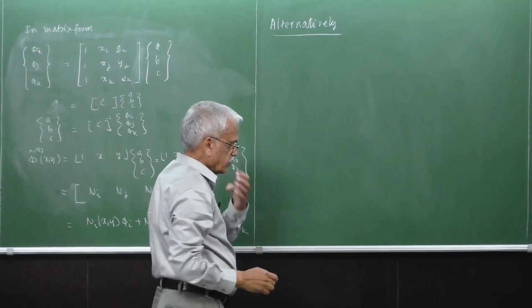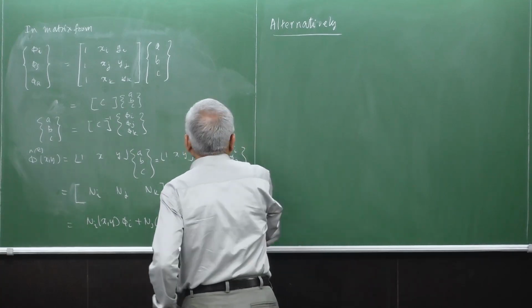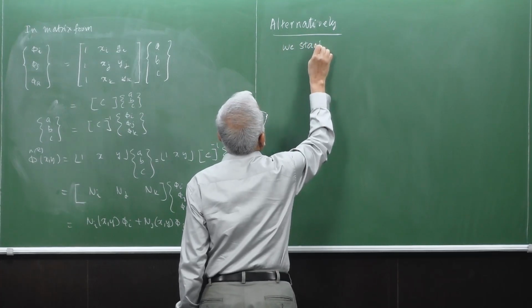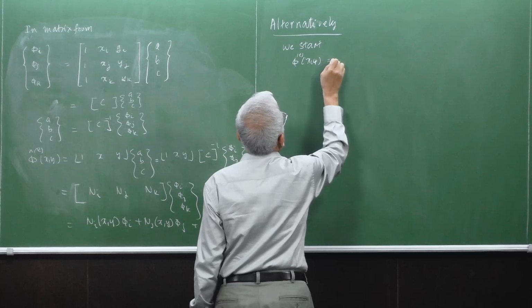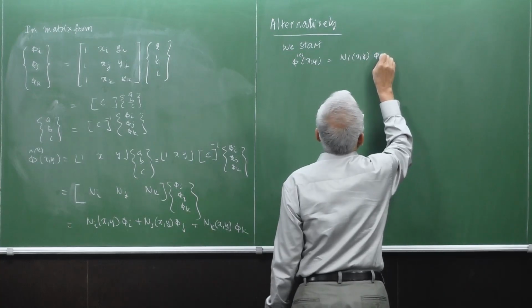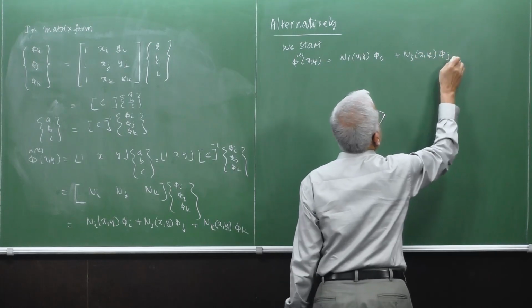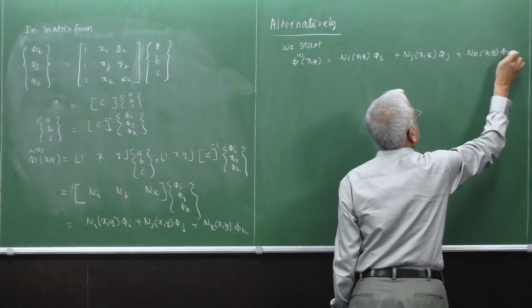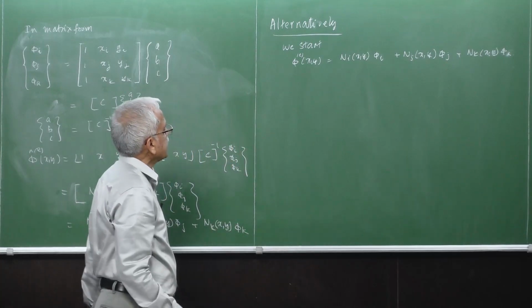Alternately, we straight away start with the expression here and try to get Ni, Nj and Nk.